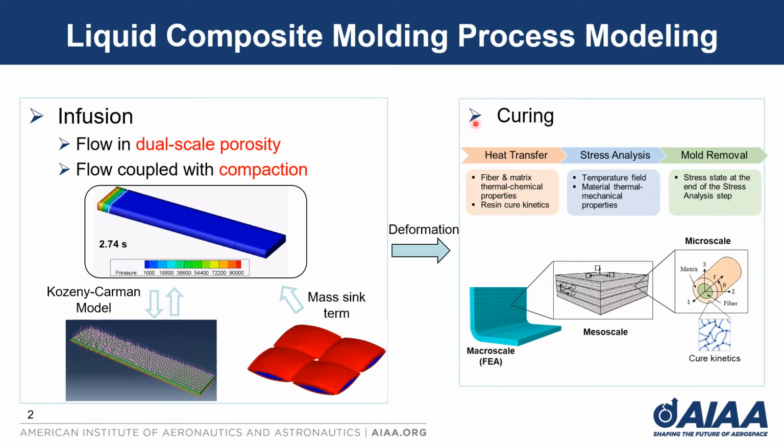In the curing model, we use the Abaqus heat transfer analysis to obtain the temperature and degree of cure, and then we use Abaqus stress analysis to obtain the residual stress and distortion. The cure-dependent material constitutive law is used for the pure resin, incorporating micromechanics and laminate homogenization approach. Finally, we demonstrate a framework of coupling STAR-CCM and Abaqus by simulating a flow-compaction coupling problem in vacuum-assisted resin transfer molding.